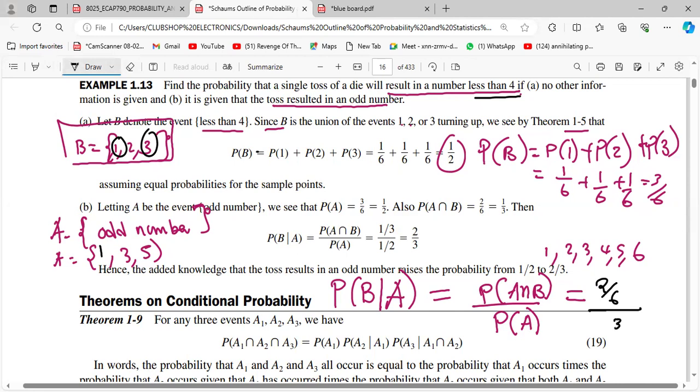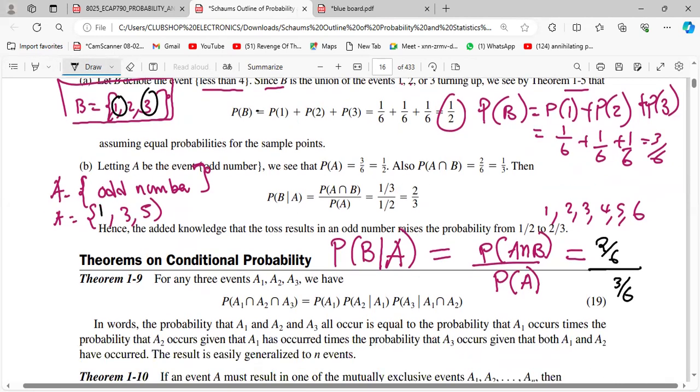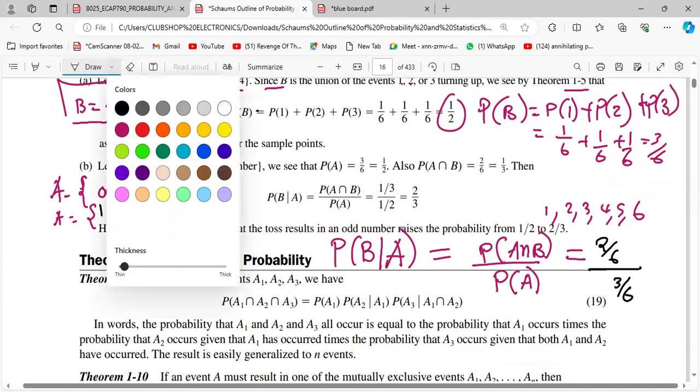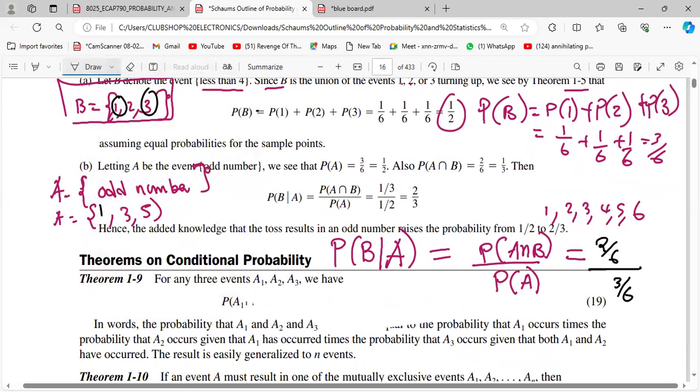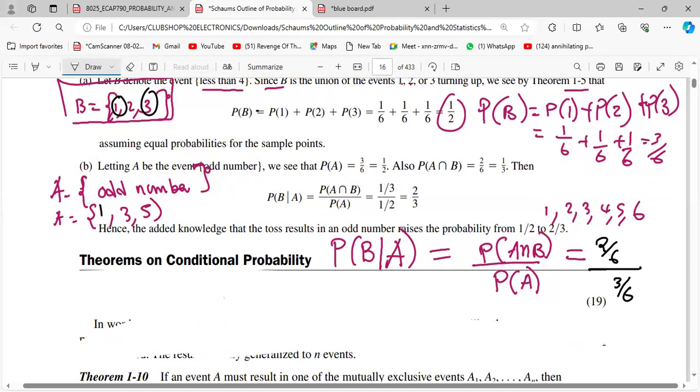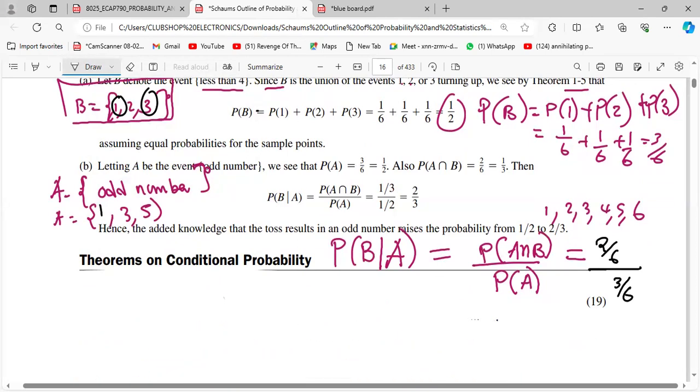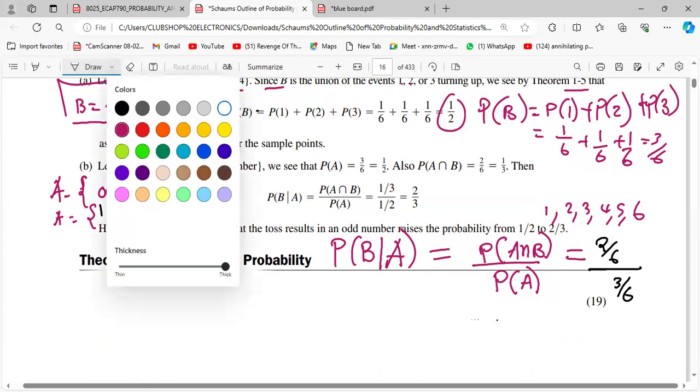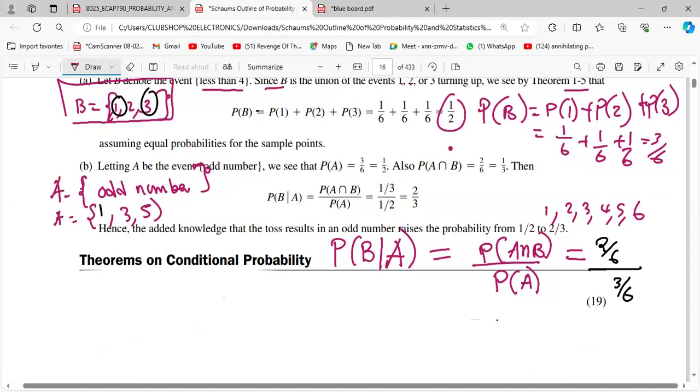We have 3 divided by 6. So what do we have?